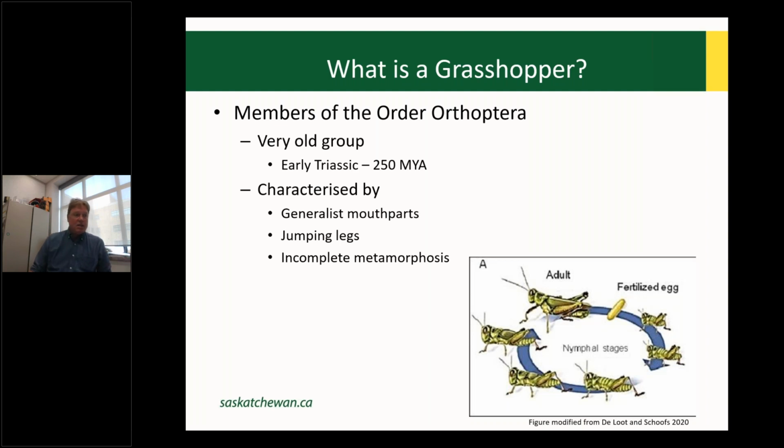They have nymphs. From a fertilized egg, you'll get the production of a neonate or a first instar nymph, just a little guy. The period between the egg and the first molt is called the first instar. The period between the first molt and the second molt is called the second instar, and so on.